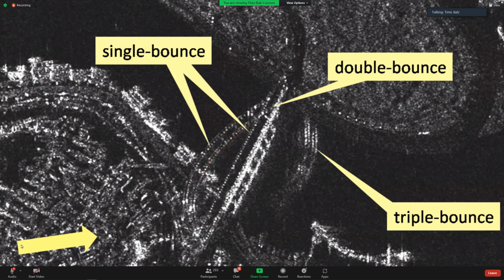The looking direction is here, so this one is closer to the sensor than the double bounce lines here, and the triple bounce behind is even farther away from the sensor. So we can infer that from the geometry of the data.